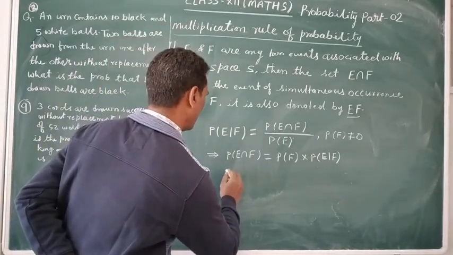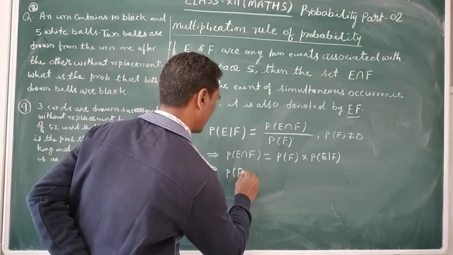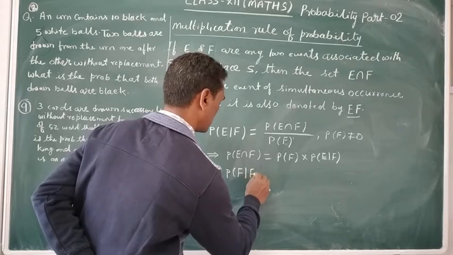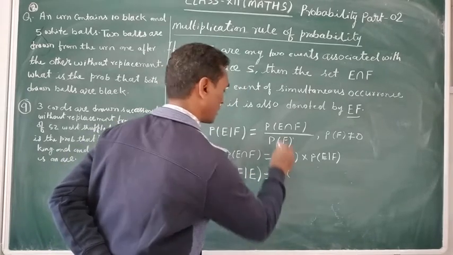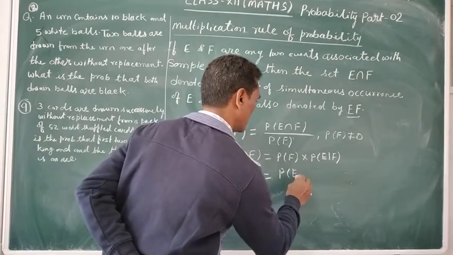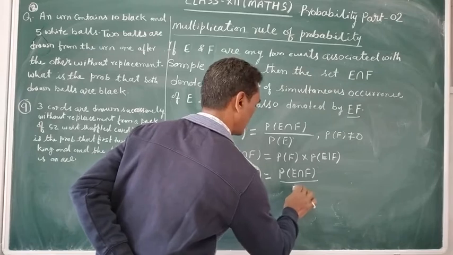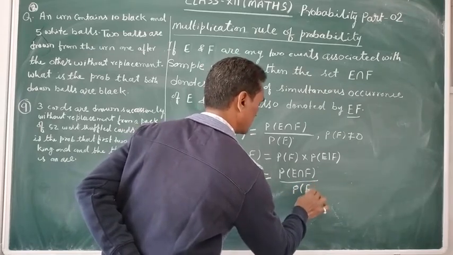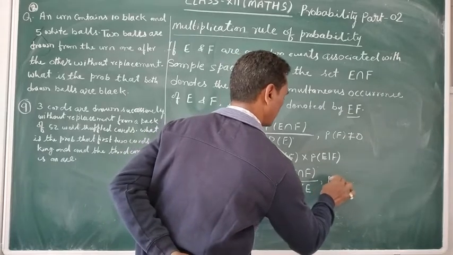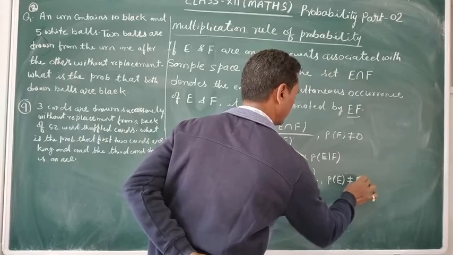In a similar way, we can write P(F|E) is equal to P(E intersection F) divided by P(E). This will not change. Here P(E) cannot be 0.